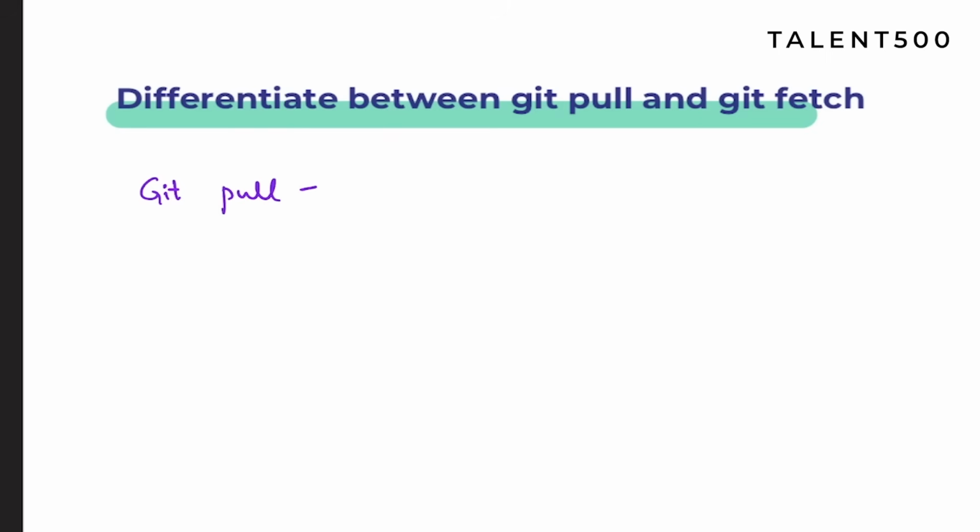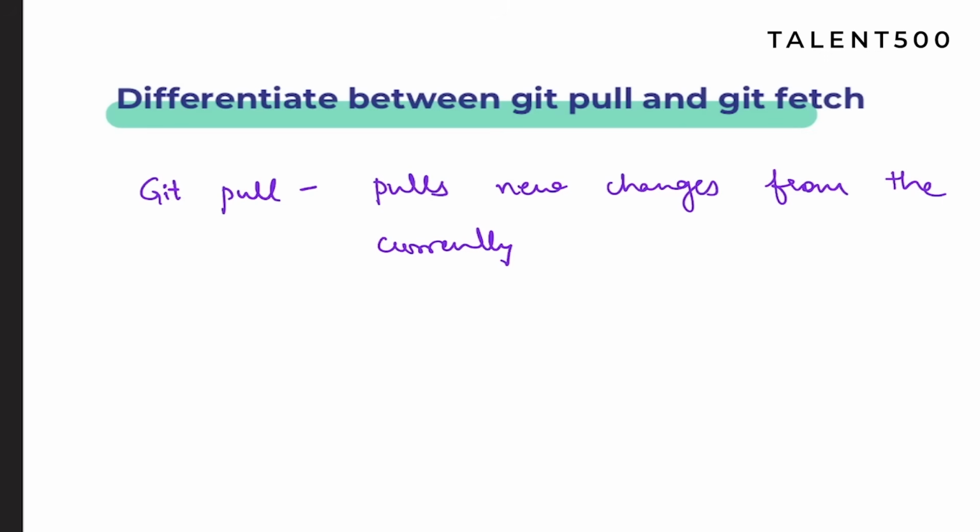This pulls new changes from the currently working branch. Whatever the remote repository is, you are going to have a certain branch in it, and if you want new changes, you use git pull.